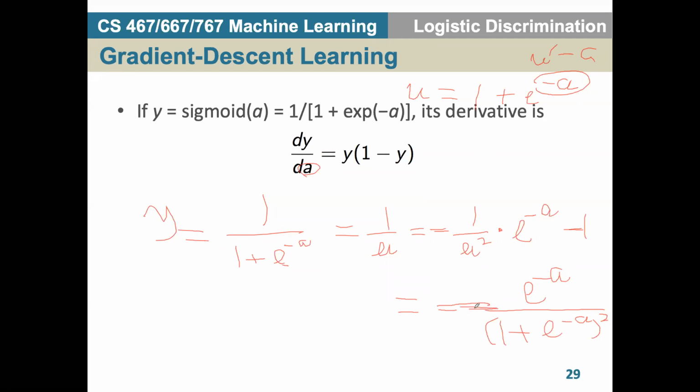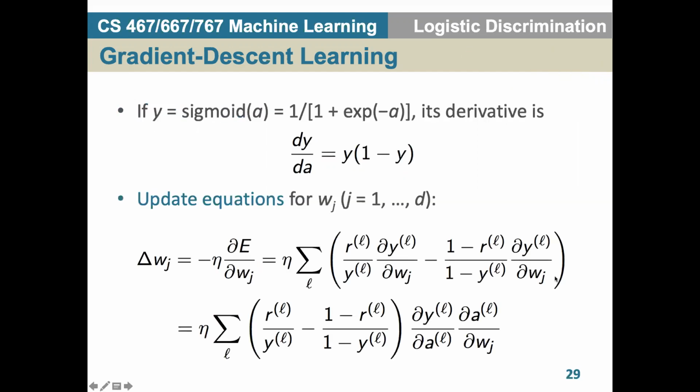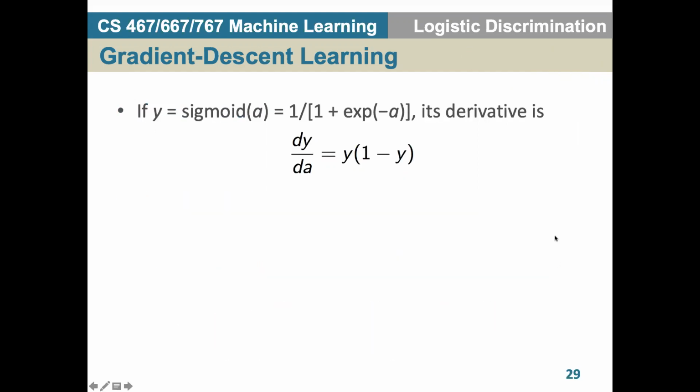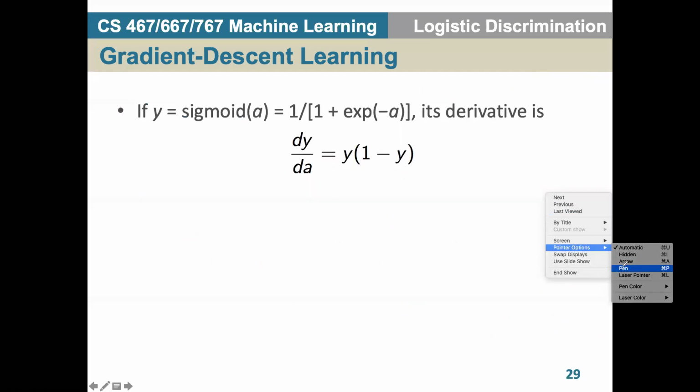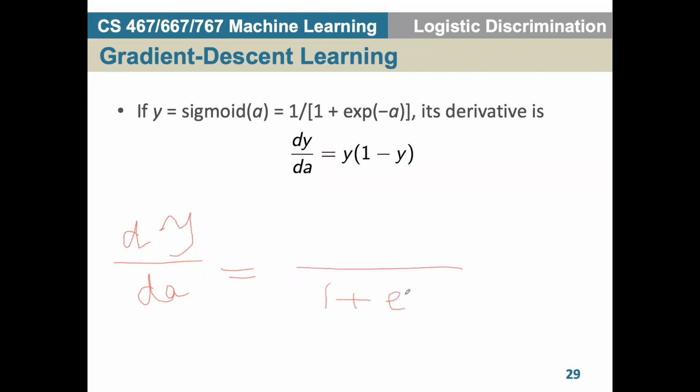I think it's a little bit difficult to see. Just keep in mind this is positive: this is 1 plus e to the minus a squared, and this is e to the minus a. That's a little clearer. So what we just derived is that dy by da is equal to e to the minus a over 1 plus e to the minus a squared.